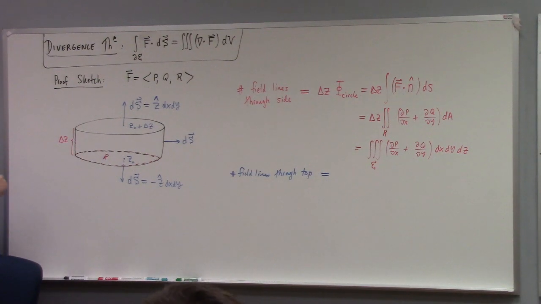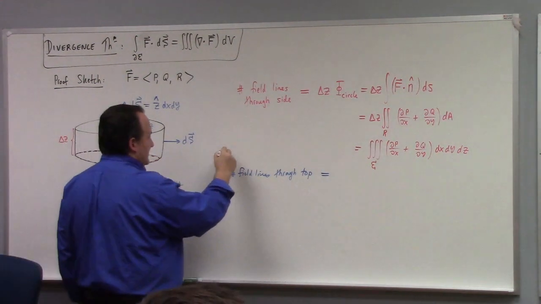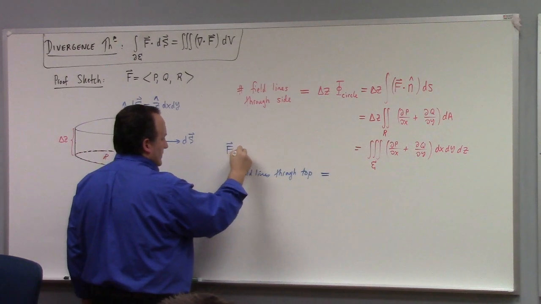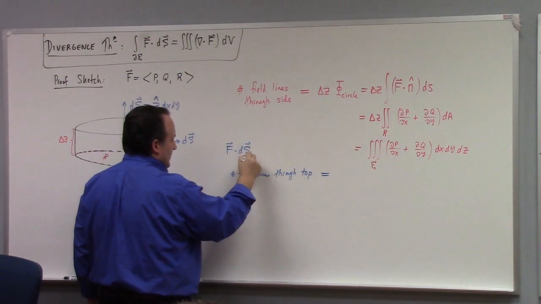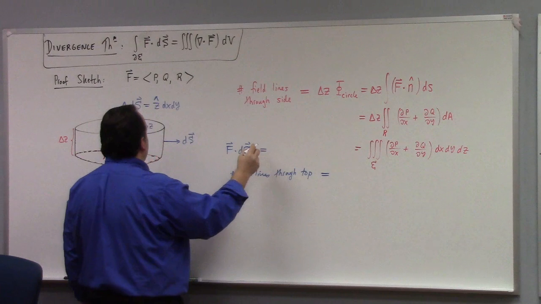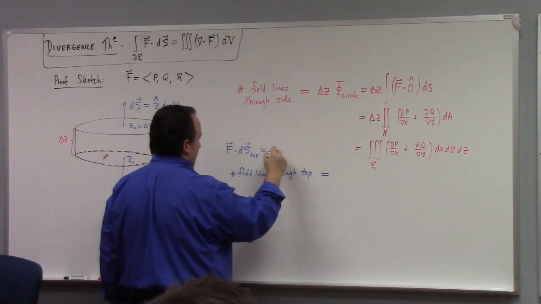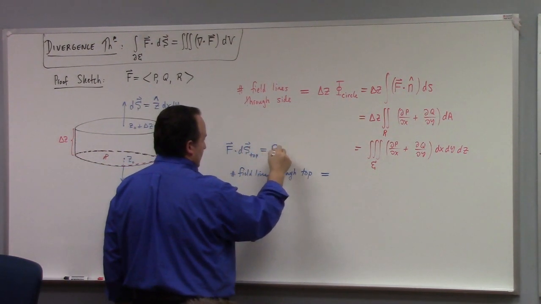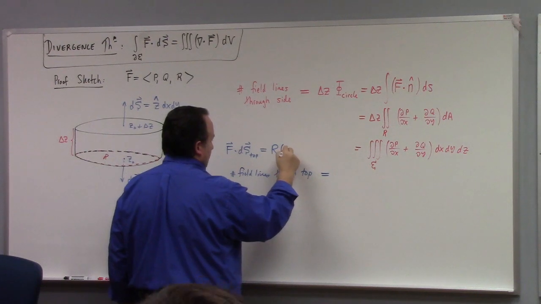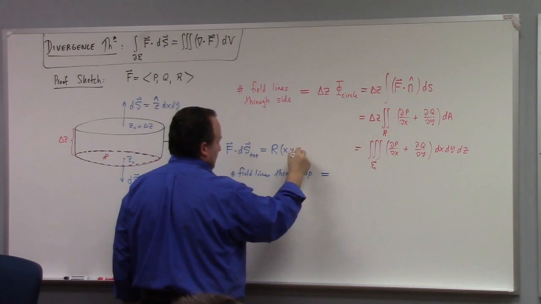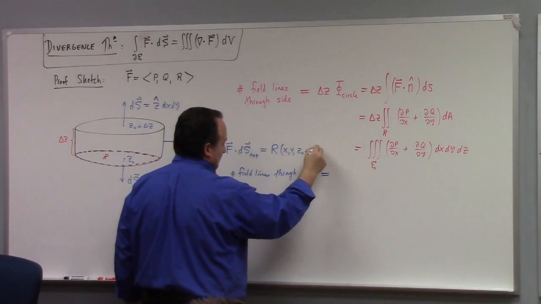When you take F dot dS top, what do you get? We get R of x comma y comma z naught plus delta z.